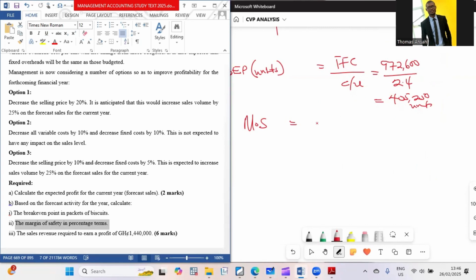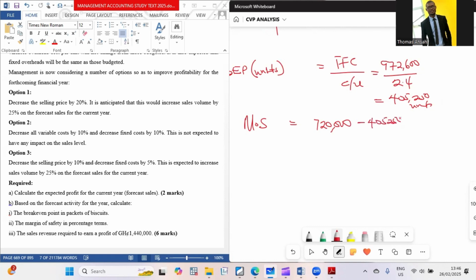The unit was 720, right? That is the selling unit minus the break-even point in units, which is what we have done, all over back to this 720. And these things are 100%. So what will you get? It's giving me like 43.7%. So here we go. Then that's it.